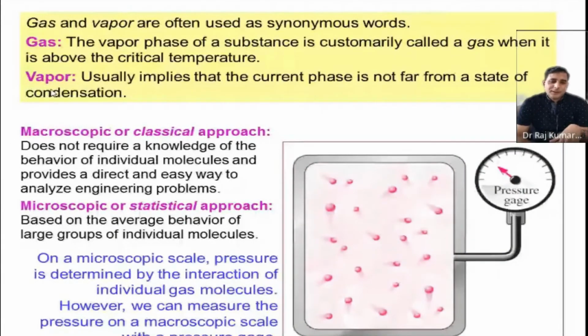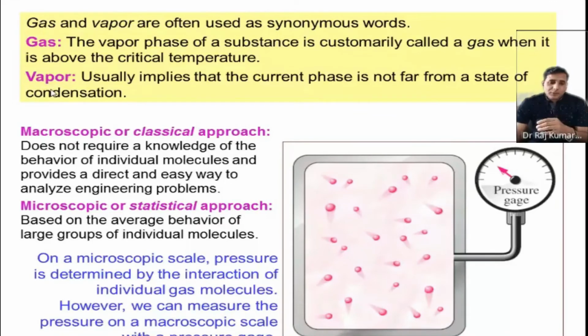Below this critical temperature and above the boiling point, it is treated as a vapor only, just like water boiling at 100, 110, 120, 130 degrees. Those are treated as vapors only, right? Till it reaches the critical point. After the critical point, you will treat it as a gas only.